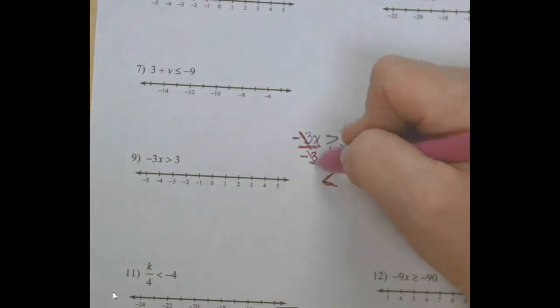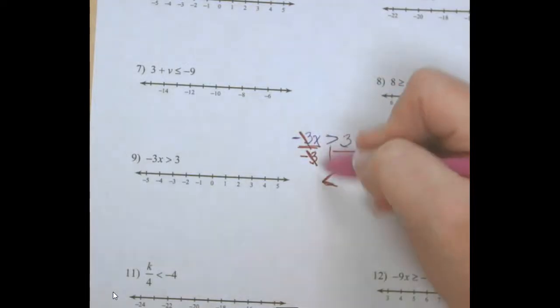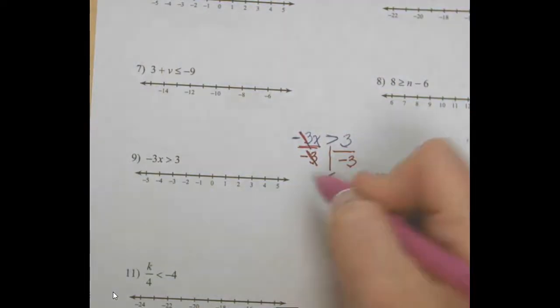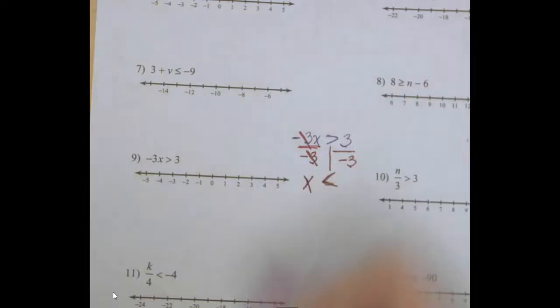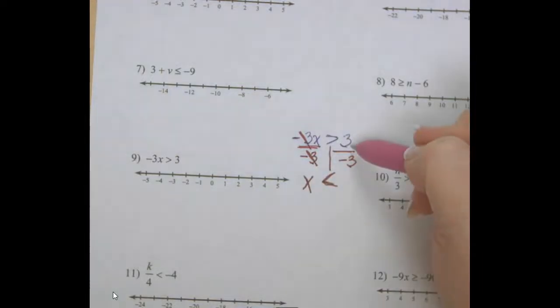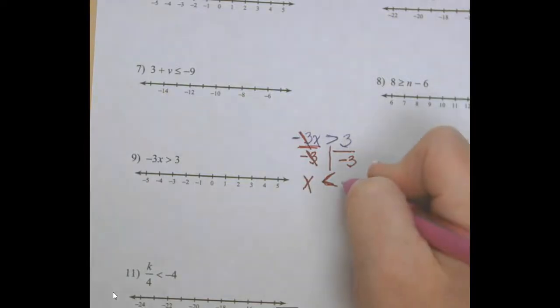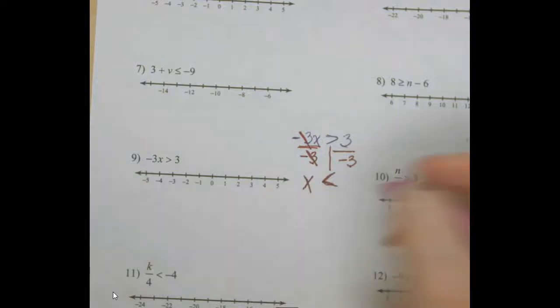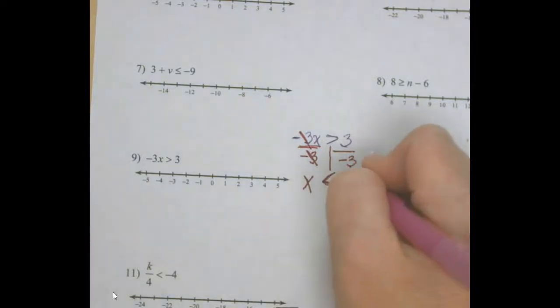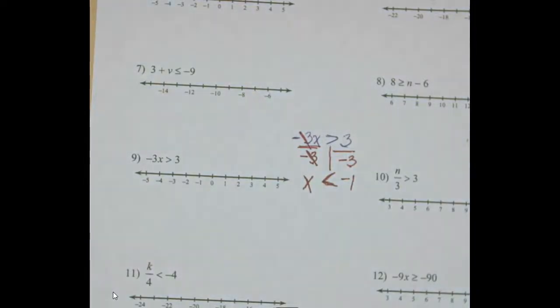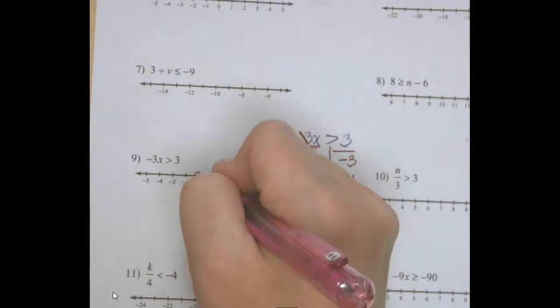Negative 3 divided by negative 3, these numbers cancel out, so that leaves me with x. 3 divided by negative 3 is negative 1. So it's going to be an open circle on negative 1.